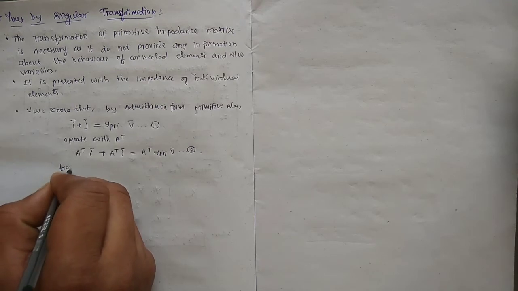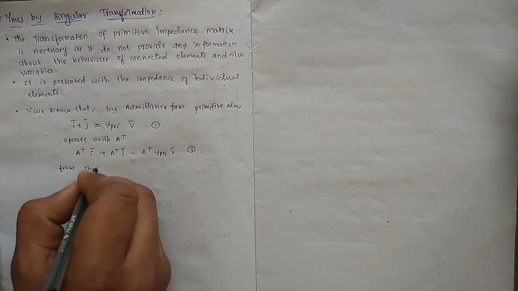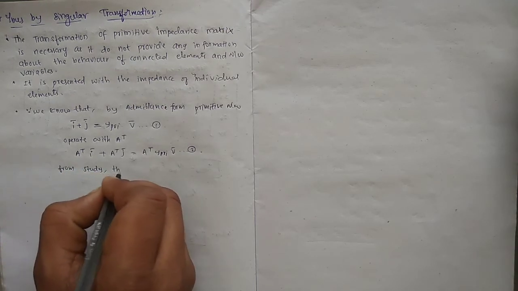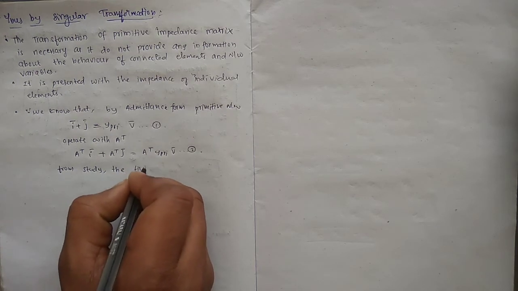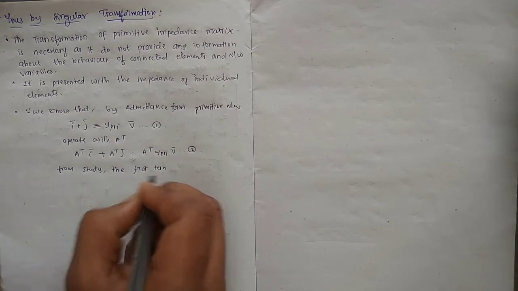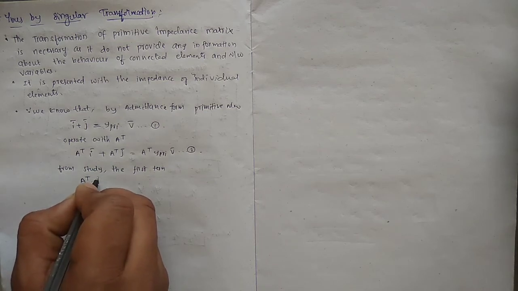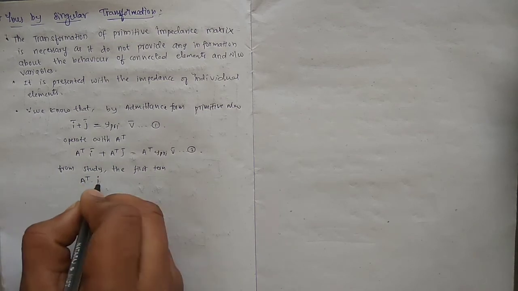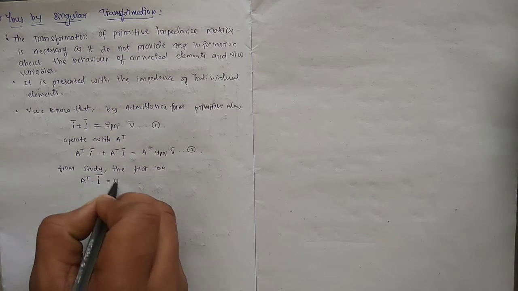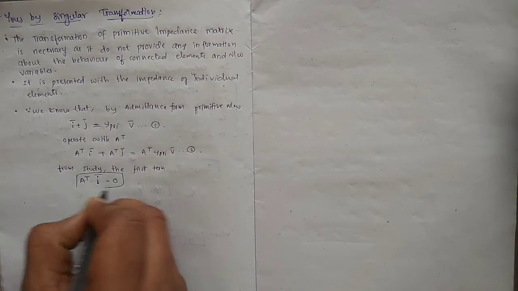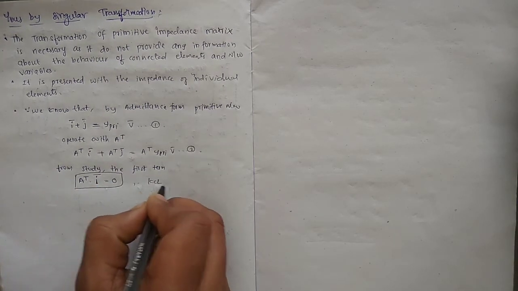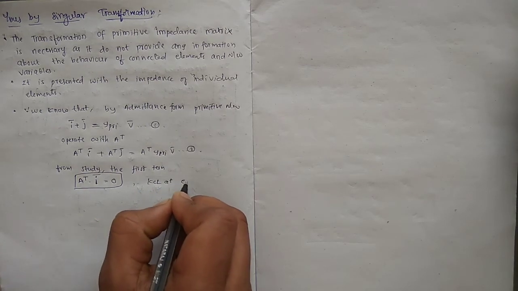From the study, the first term, A transpose into I vector, is equal to 0. This is the equation for KCL at each bus.